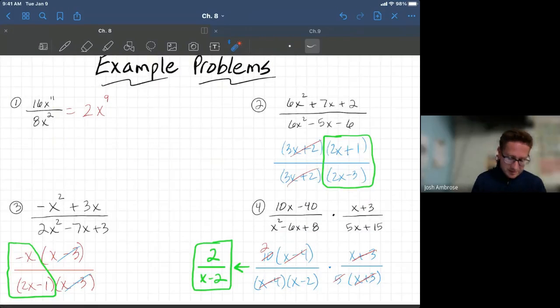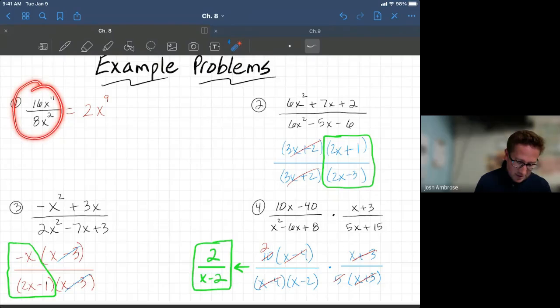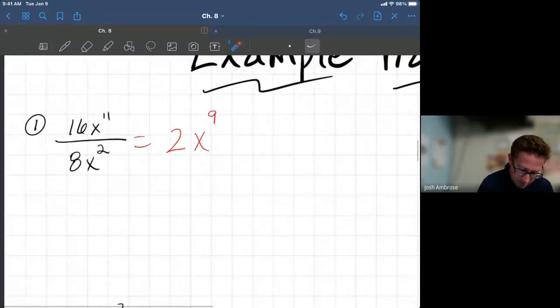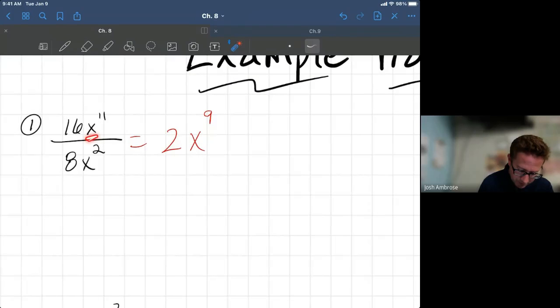So first example problem, this is what we're given. What you're going to want to do is imagine that we got a little separation here. What is 16 divided by 8? It's 2. Then remember, when you have the same base value, both of these are x, and you have an exponent and you're using division, how do you treat the exponents?